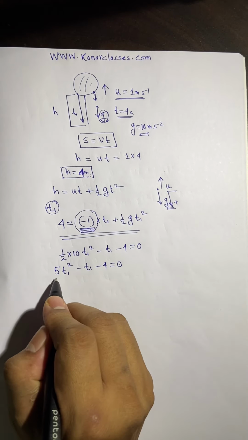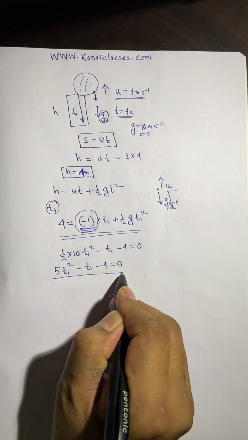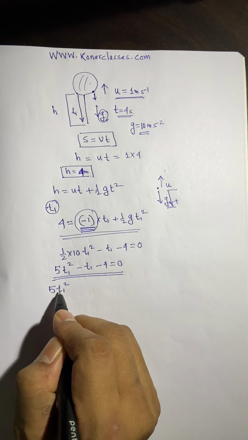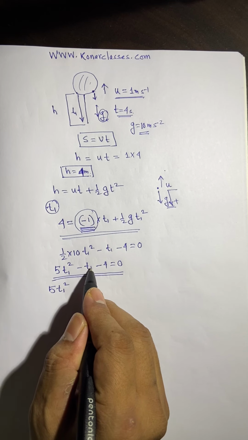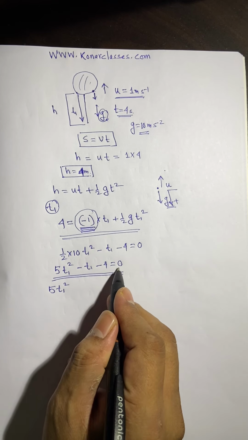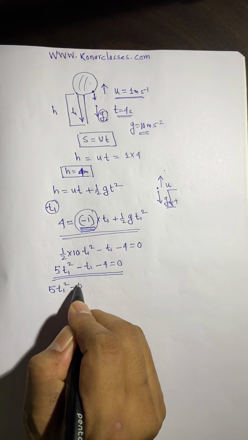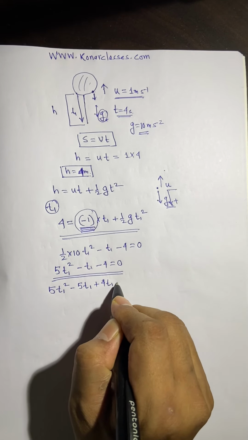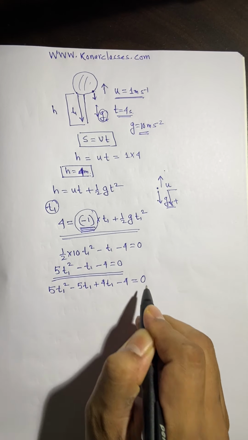Again, another point to note: this equation looks difficult for getting the value of t1, but think intelligently. If I break this equation using 4 and 5, so 5 is here, I'll have some possibilities to take common factors and try to get the value of t1. So we break minus t1 into minus 5 t1 plus 4 t1, minus 4 equal to 0.